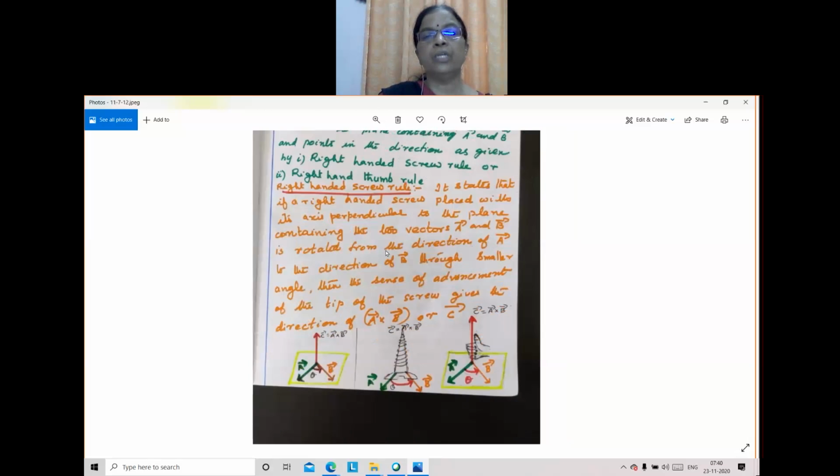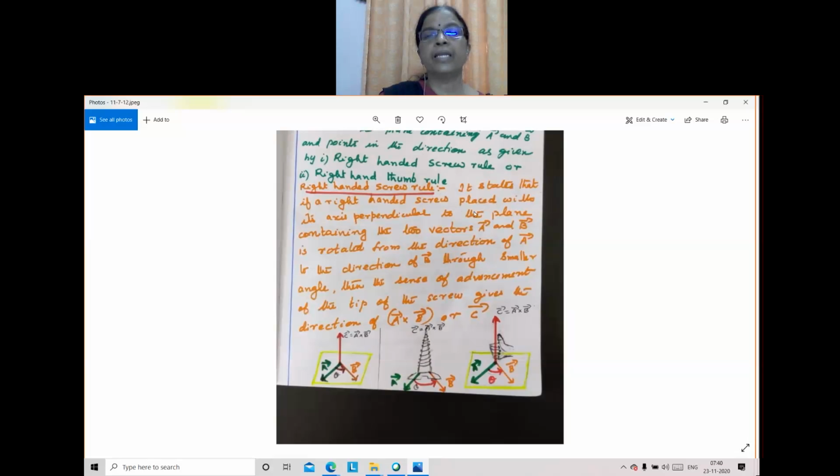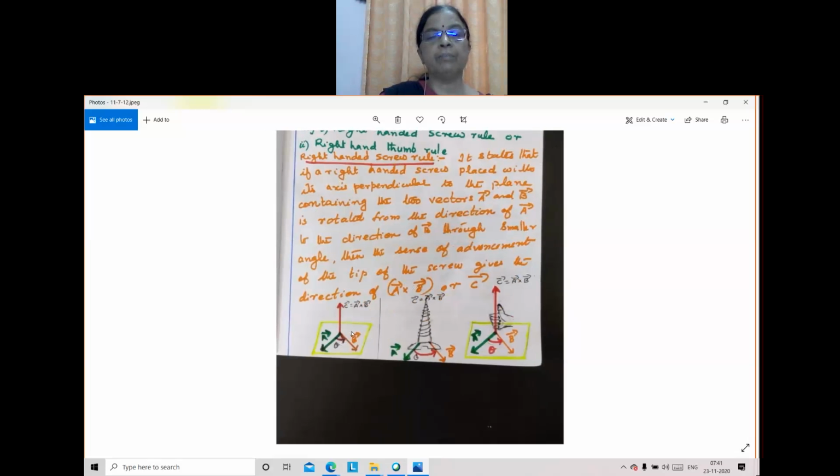So that rule is given here, the right-handed screw rule. If a right-handed screw is placed with its axis perpendicular to the plane containing the two vectors, vector A and vector B, and is rotated from the direction of vector A to the direction of vector B through a smaller angle, then the sense of advancement of the tip of the screw gives the direction of A cross B. So you must learn this statement. Applying it is not enough; you must have learned this statement. That is the direction of A cross B. First, keep the screw with its head lying in the plane and the tip kept perpendicular. The axis of the screw is kept perpendicular to the plane containing the two vectors.